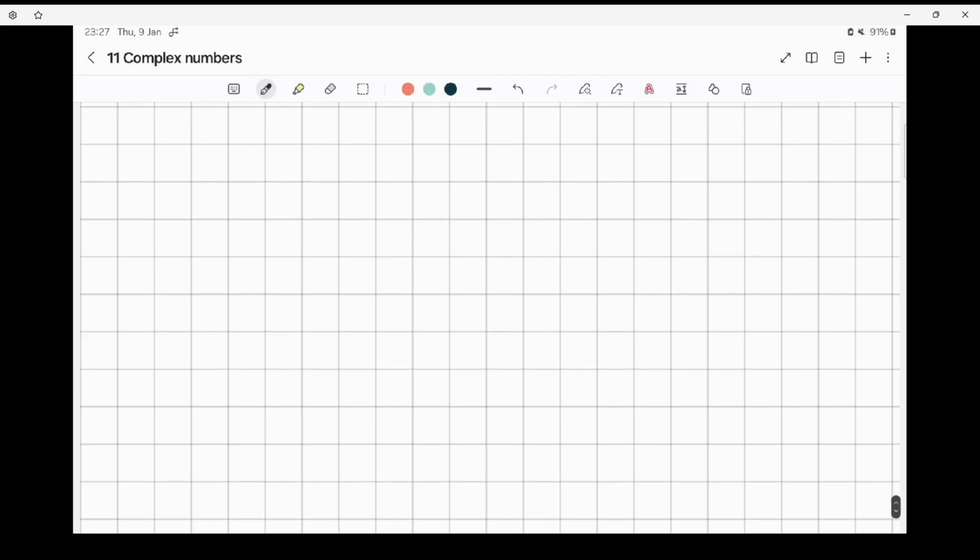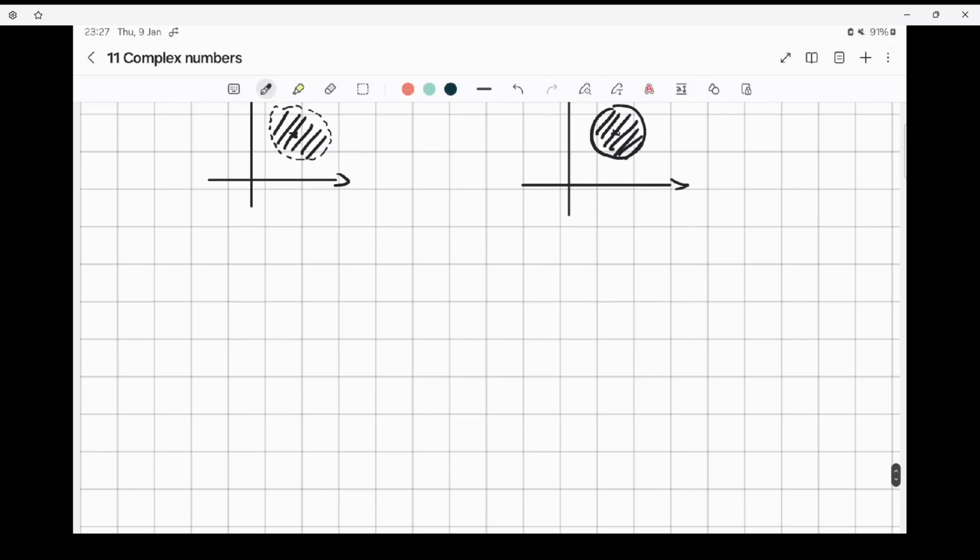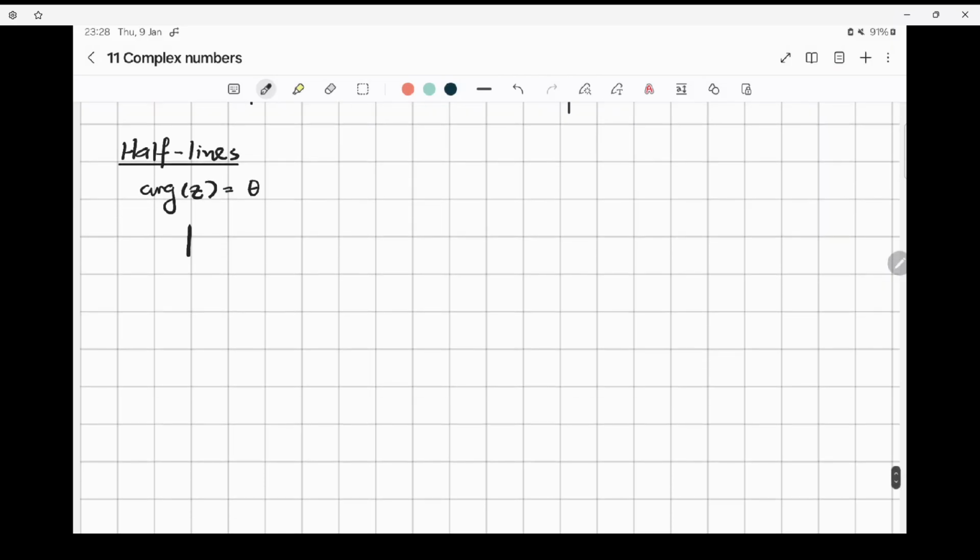So now let's look at the second case of locus of a complex number, which is called the half lines. Okay, so what is the idea of half lines? Let's say when you have the argument of z equals to some angle theta, so usually what you would draw is something like this.